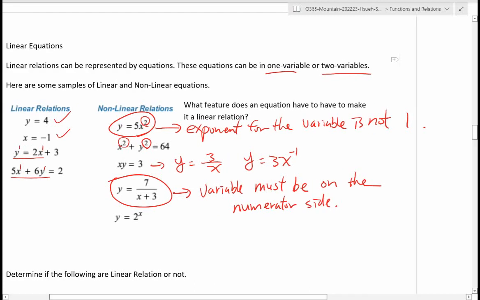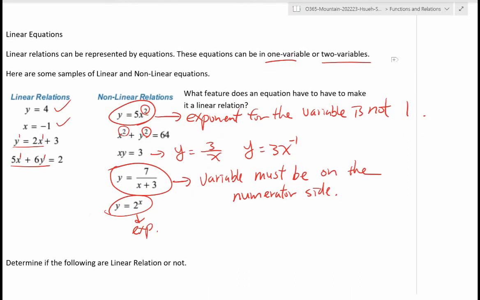Finally, the last one. This one is not, because the variable is the exponent. X is the exponent, not the base in the numerator, so that one is not a linear relationship. This is actually the exponential relation.